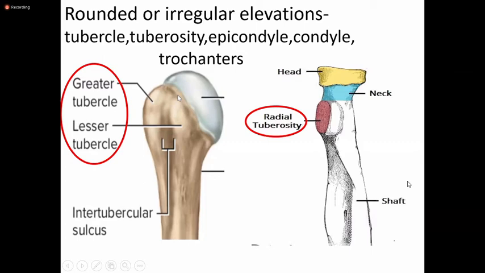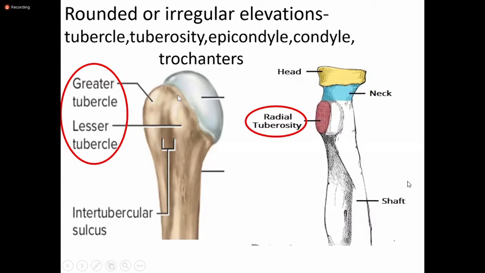So these bony depressions help in lodging something or give attachment to certain ligaments. The bicipital groove will hold the tendon of the long head of biceps.